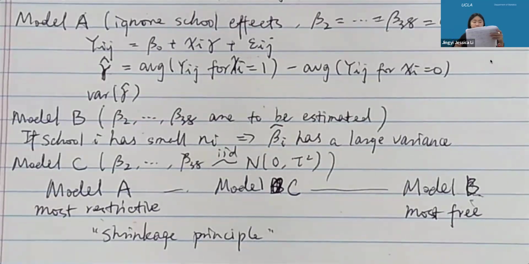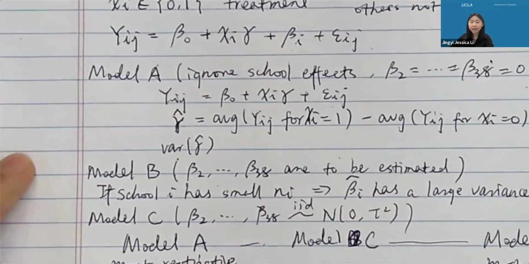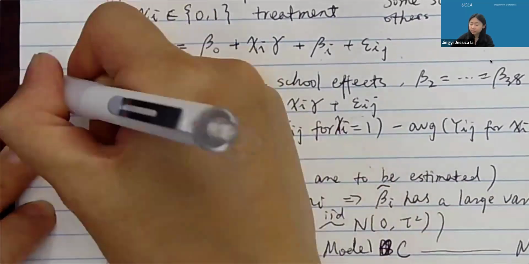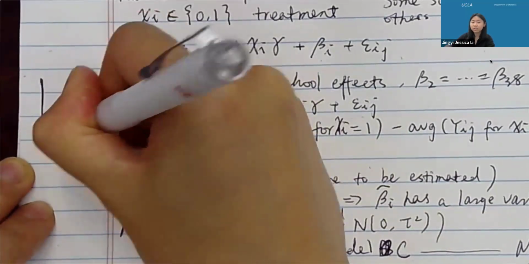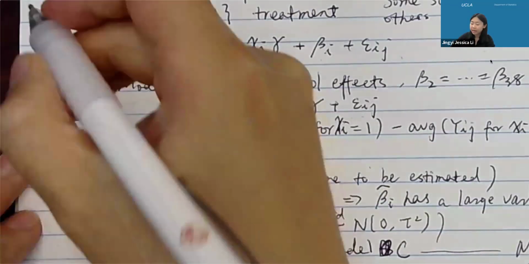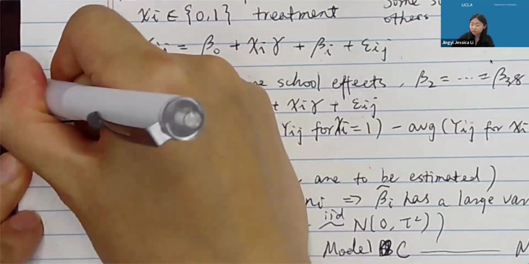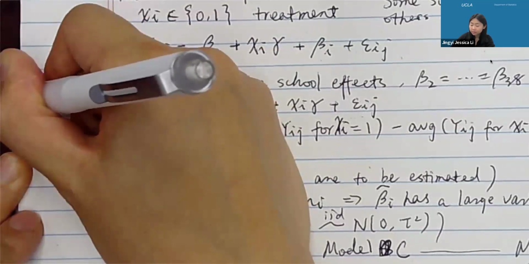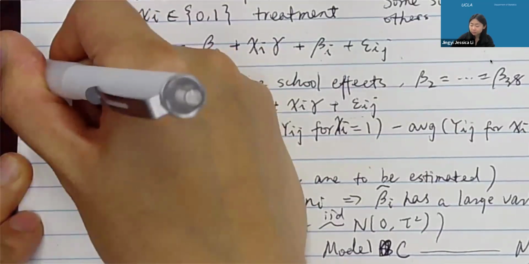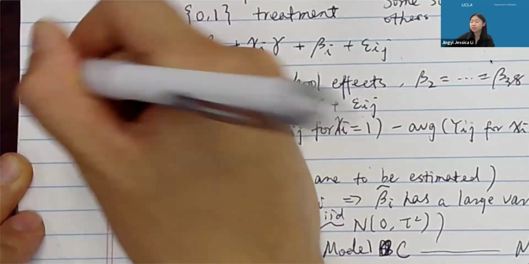Okay, so, oh, and also one more thing I forgot to say is the graphical interpretation of the 3 models. So if I have x_i as the predictor, and I have my expectation of y_ij as my y-axis.